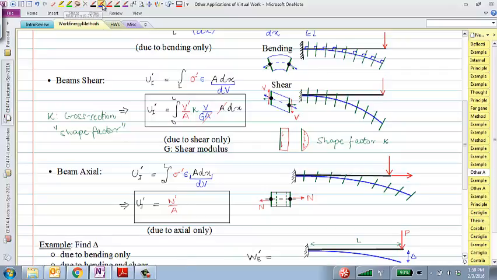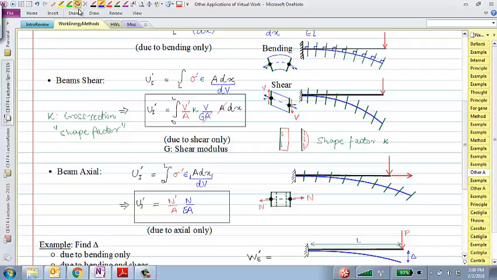So the real axial strain would be N divided by A, which is the stress, and divided by E, that's the strain. Does N over AE sound familiar? It's very closely related to NL over AE, right?